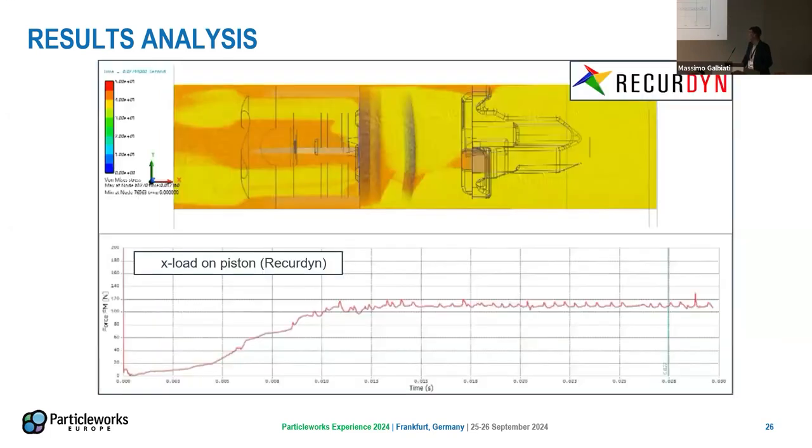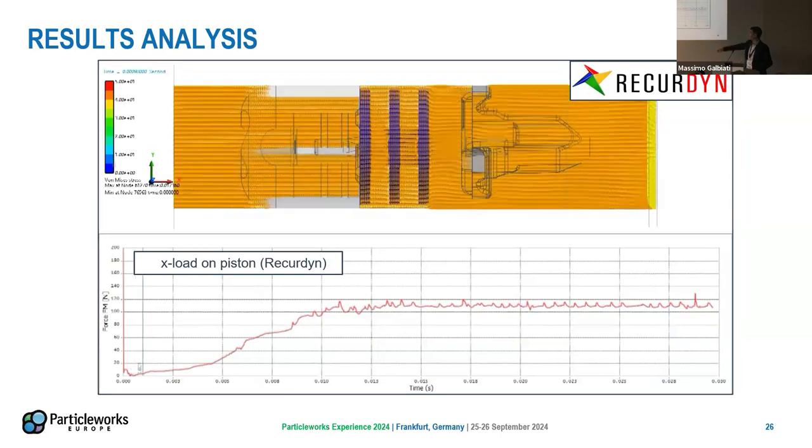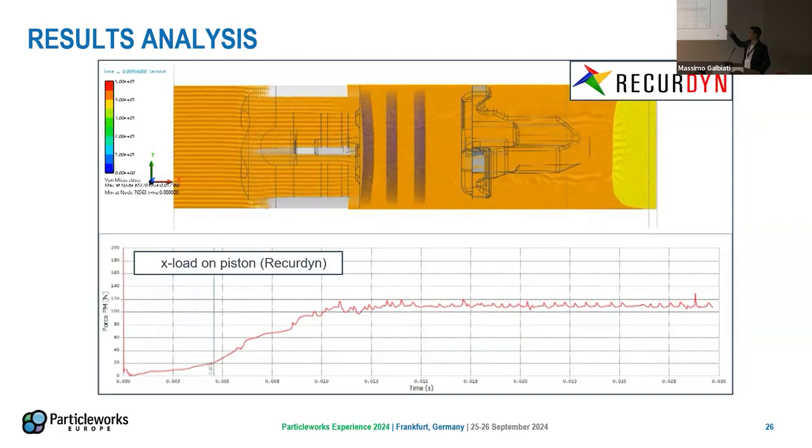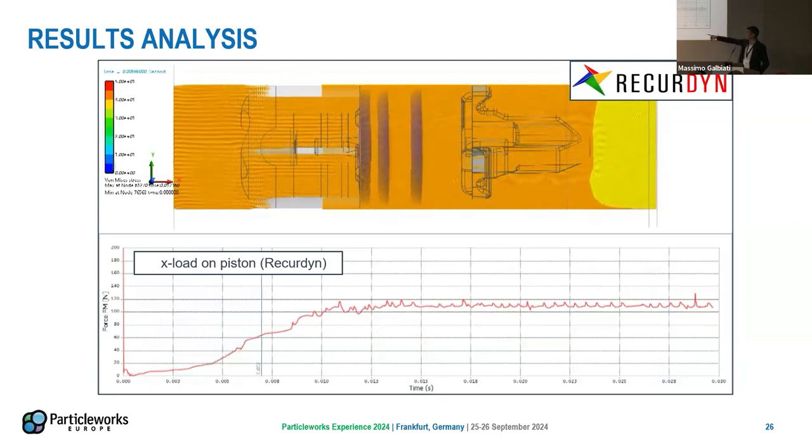And in this video, we can see on the bottom the plot of again the forces acting on the piston, and in blue you have the free discs, and you can see when the discs start deforming, the force is also rising.